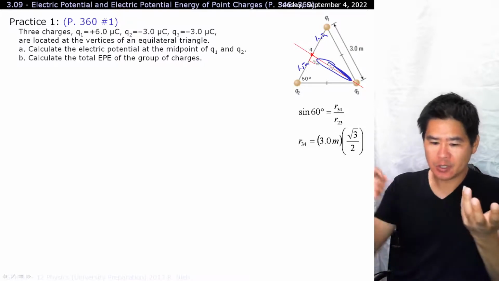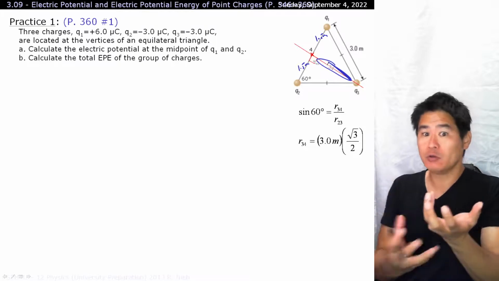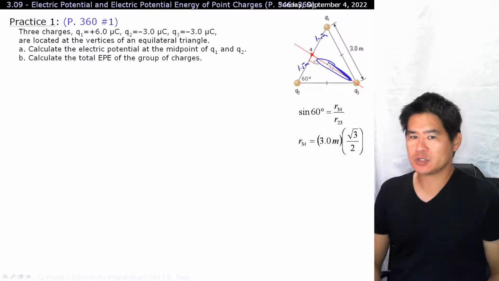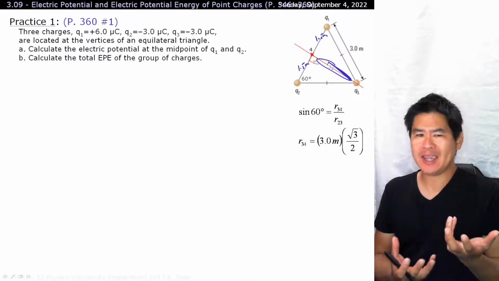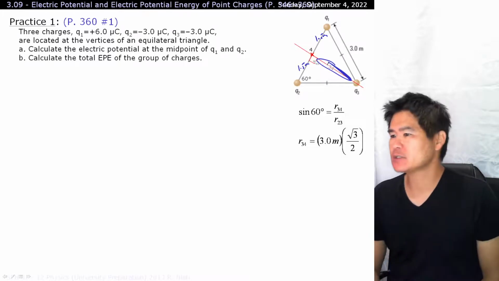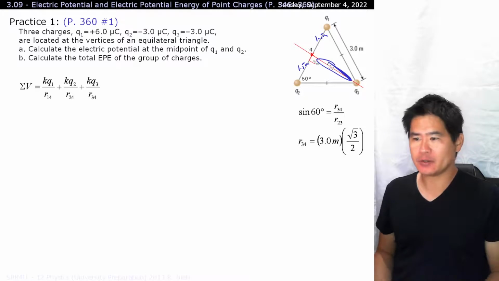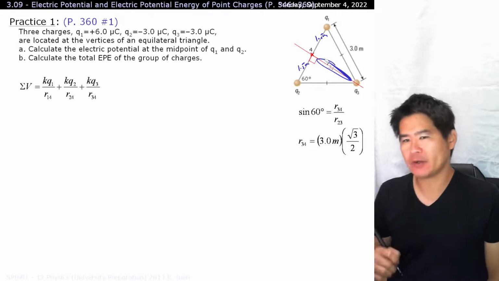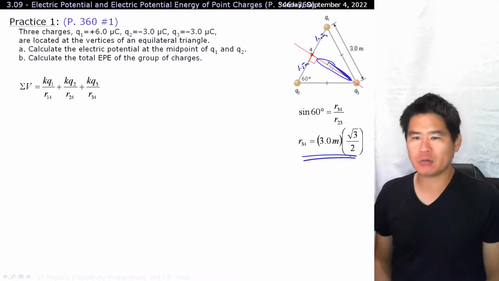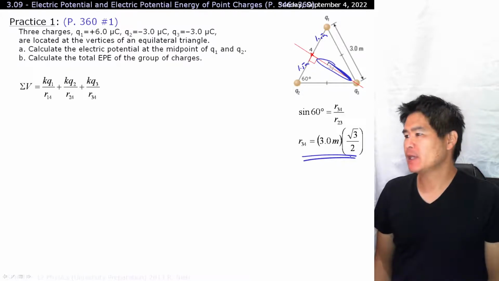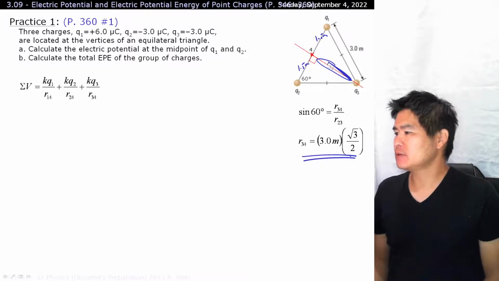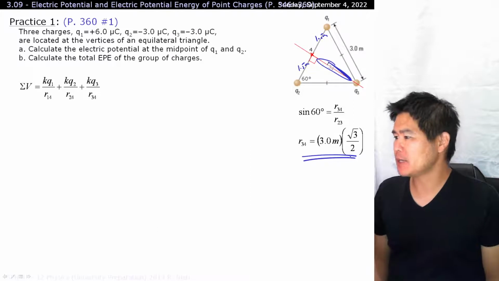How much energy there is per 1 electron, or per coulomb of electrons, which is 6.24 times 10 to the 18 electrons. Just a lot of electrons. So it's a scalar quantity. We don't need to break things down into components. We just needed to know the radial distance, and that's why you had to do this extra homework here. That's what we need to keep in mind.